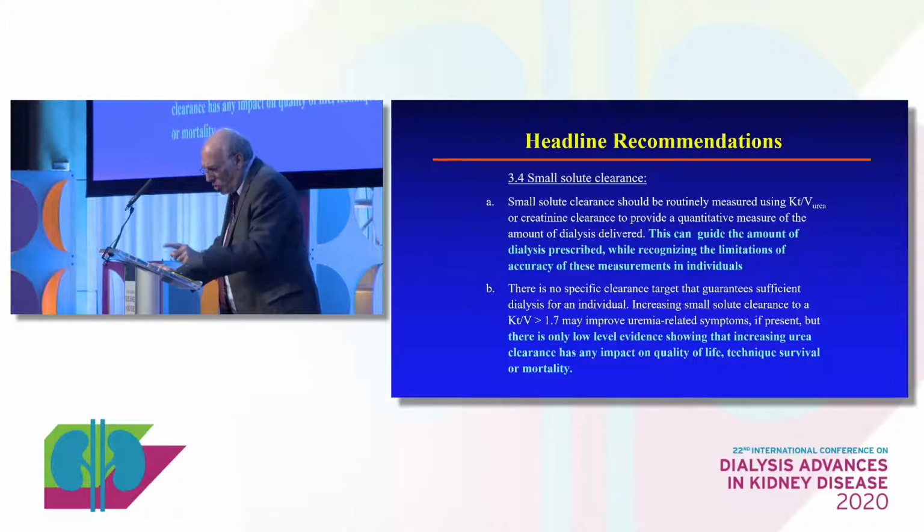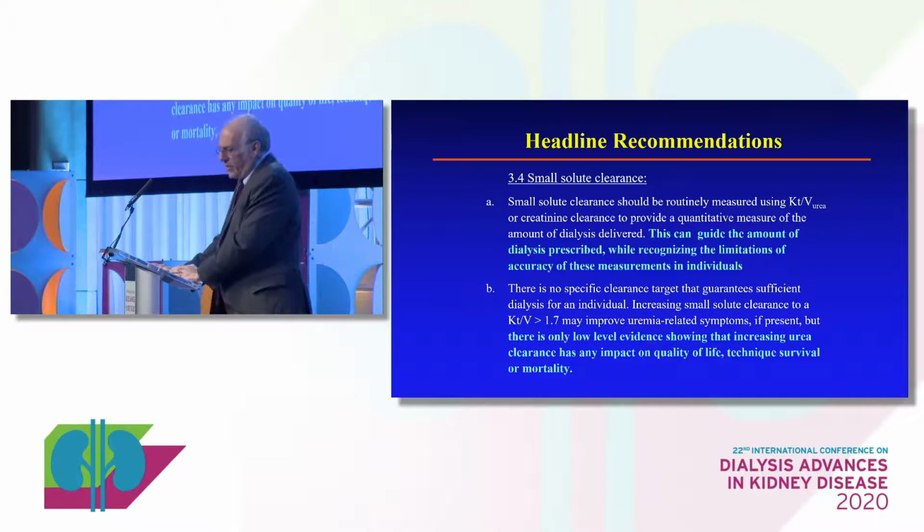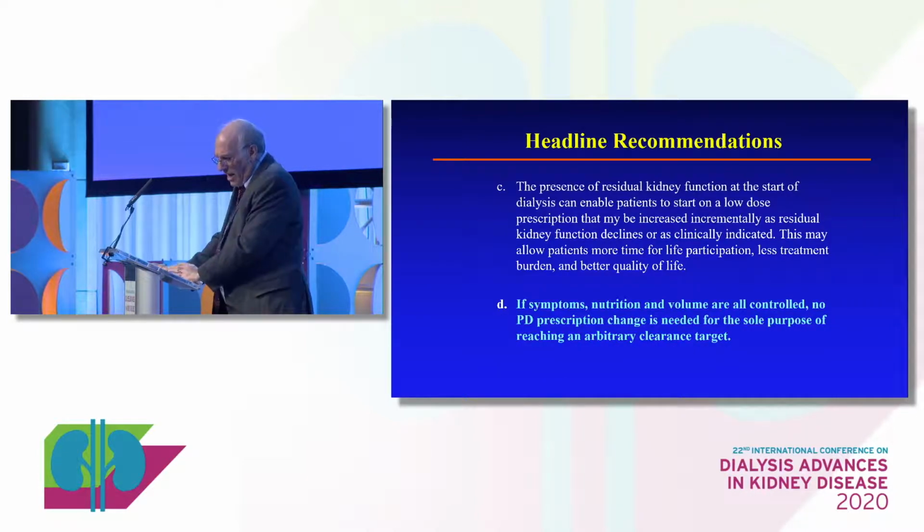There's only low-level evidence showing that increasing urea clearance has any impact on the quality of life, technique survival, or mortality. And part D, if symptoms, nutrition, and volume are all controlled, no PD prescription change is needed for the sole purpose of reaching an arbitrary clearance of small solute molecules.